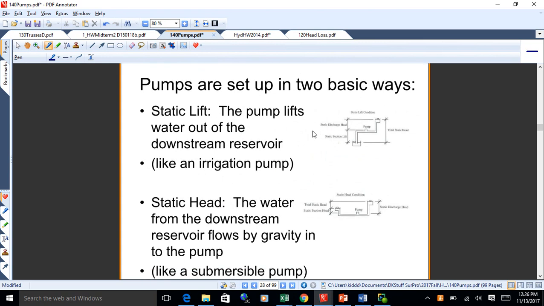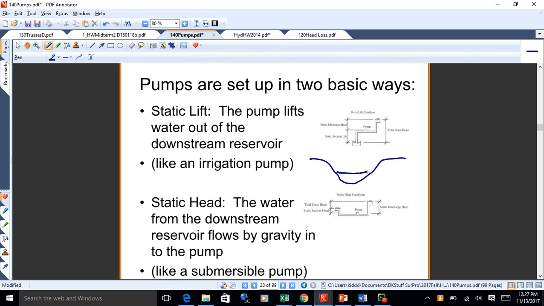Now you can set pumps up in two different ways. One way is you lift the water out of the reservoir. And one of these summers, I've got to remember to take a picture of one of these. I know a lot of people here do float trips down the Willamette or Santiam or something like that. And sometimes when you look up on the bank, you can hear these pumps too.